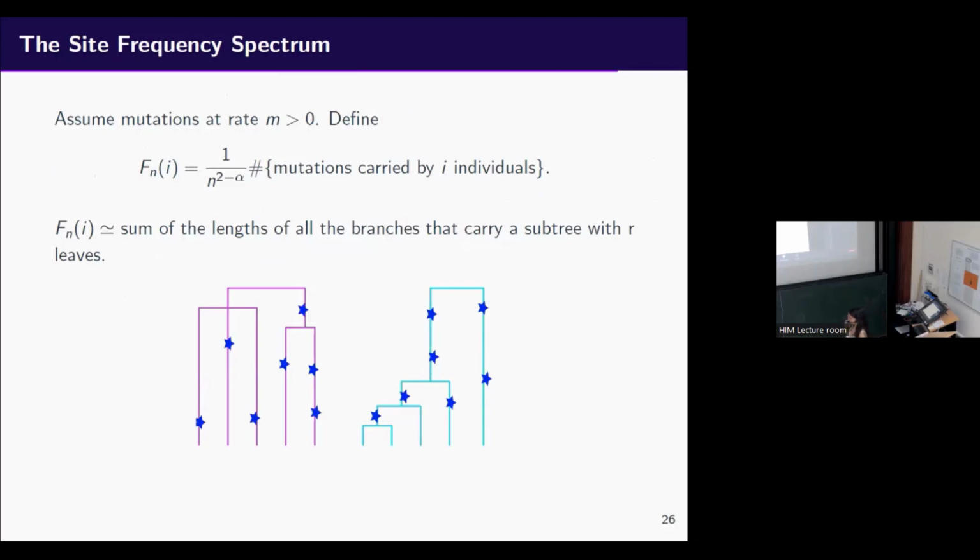If you have mutations, it counts how many mutations are present in only one individual of the sample, 2 individuals of the sample, 3, 4, 5, etc. So it's a histogram of the frequencies. The site frequency spectrum is related to the shape of the tree, because if you add mutations into a tree, you will see that if you have very long external branches, then you will have more mutations present in only one individual, while if you have more internal branches, you will have more mutations present in more individuals. So it kind of characterizes the genealogy.